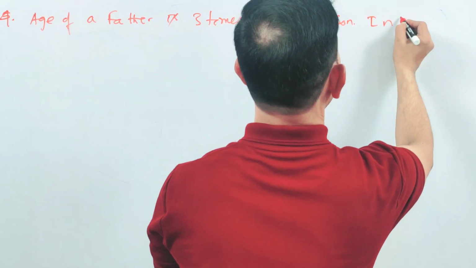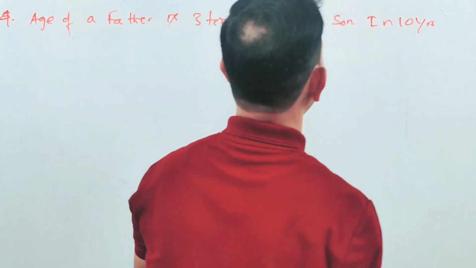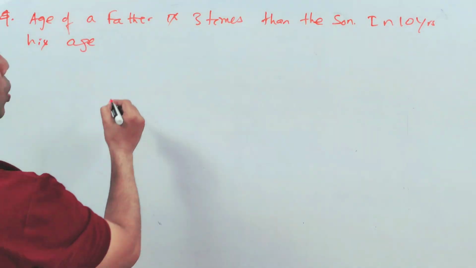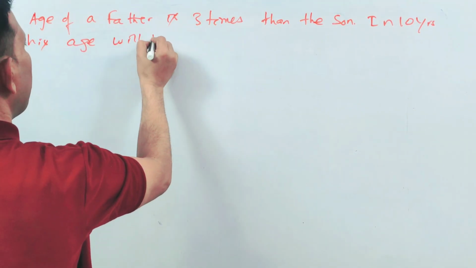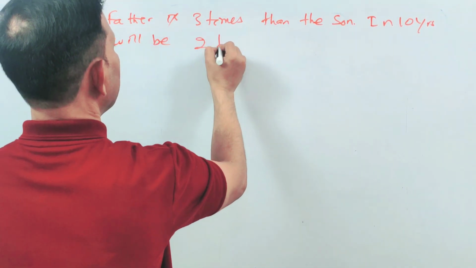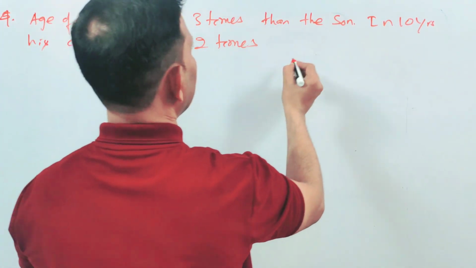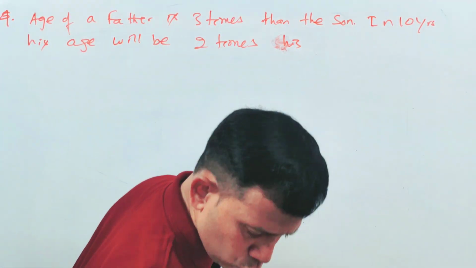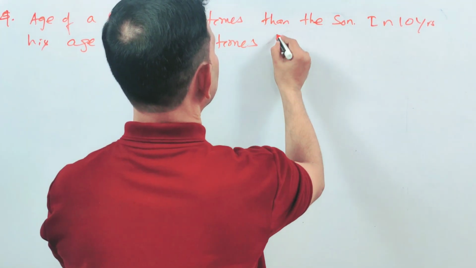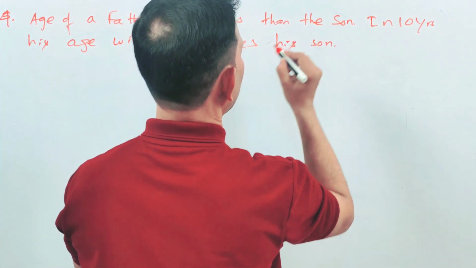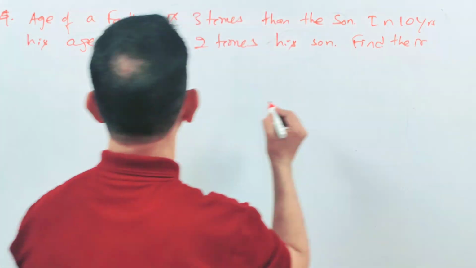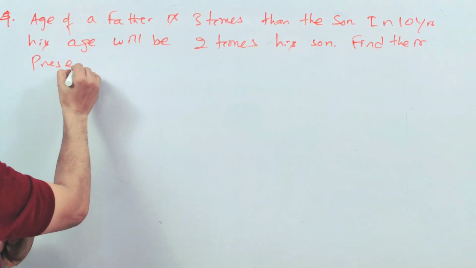In 10 years, his age, means father's age, will be 2 times his son. 2 times his son. So find their present ages. Find their present ages.